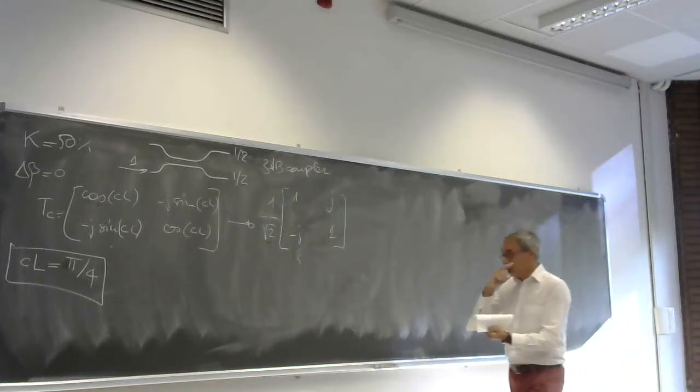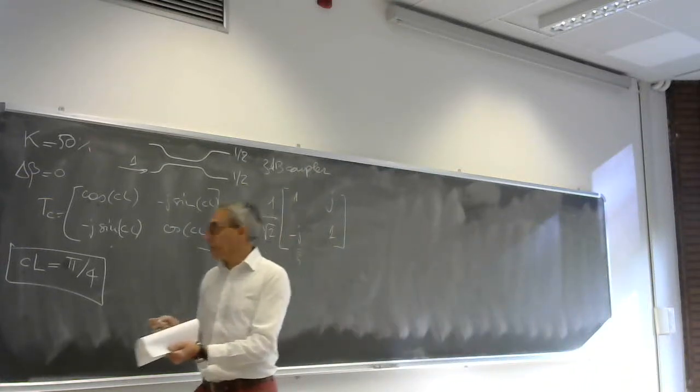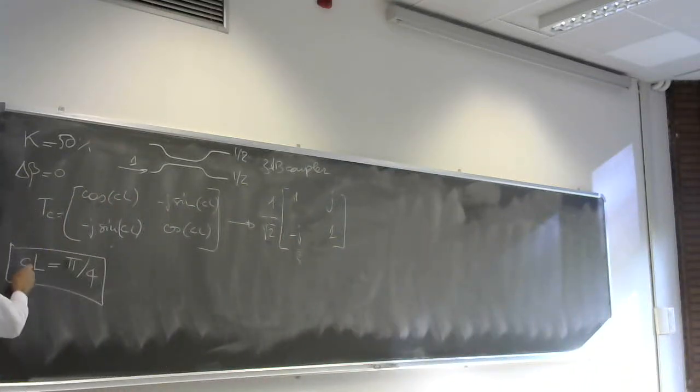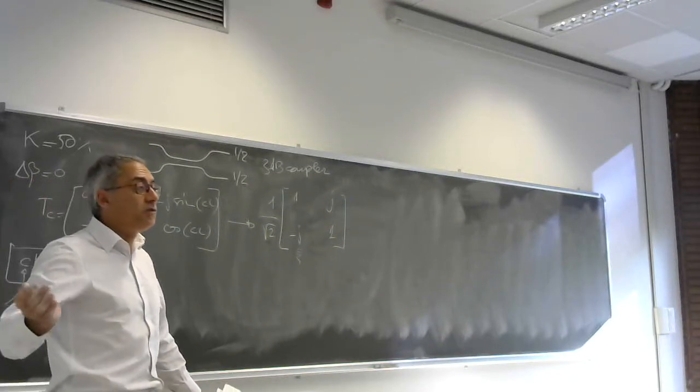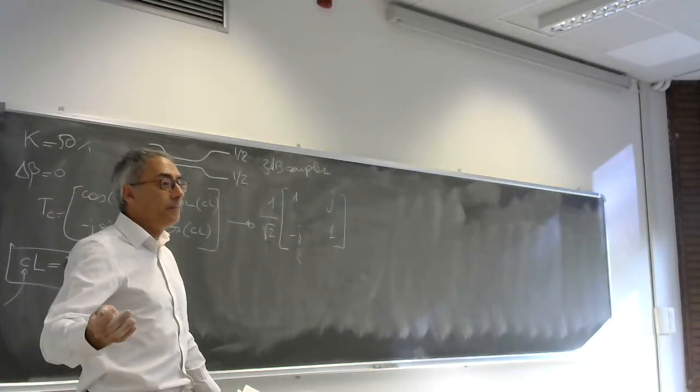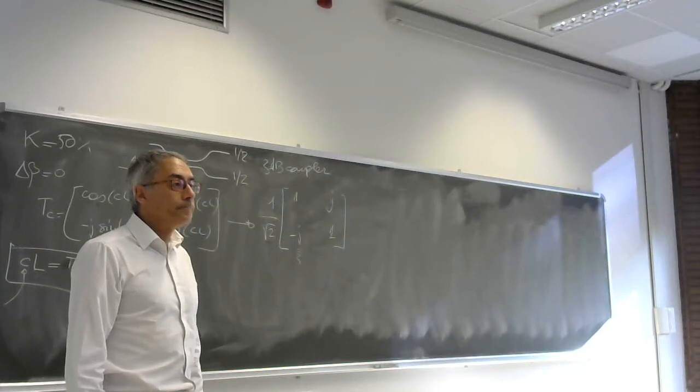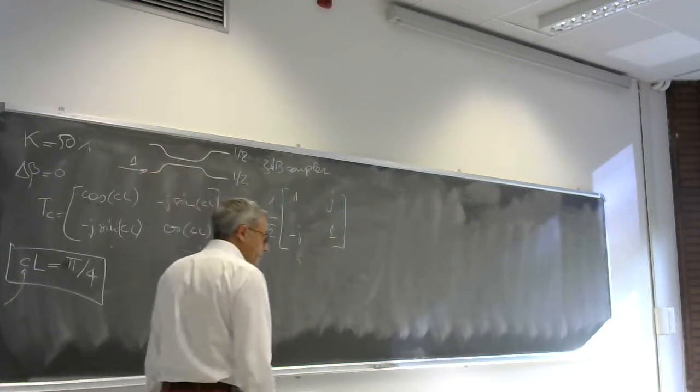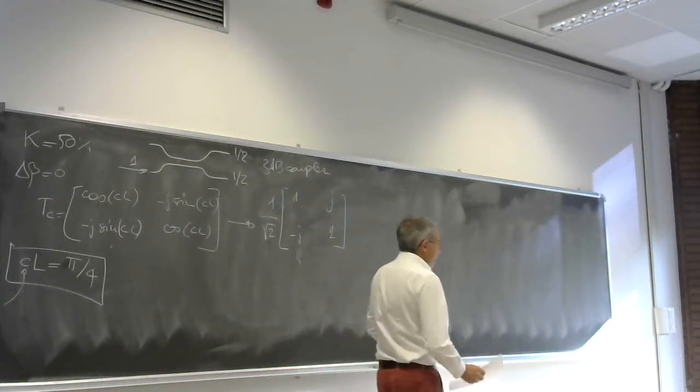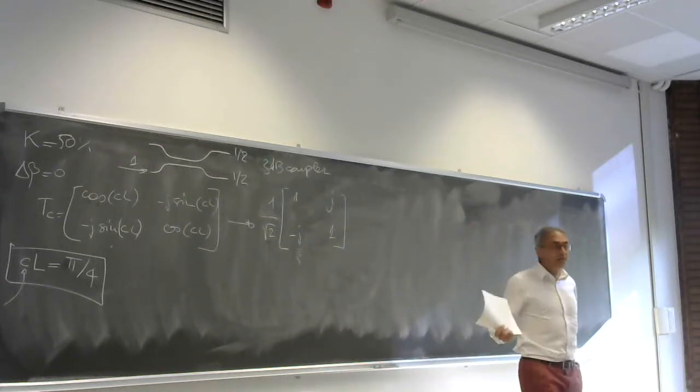So this is your choice. You can do very weakly coupled waveguides, very long, or tightly coupled and very short, or everything in the middle. It is up to the design. Well, it's exactly the same at this level.